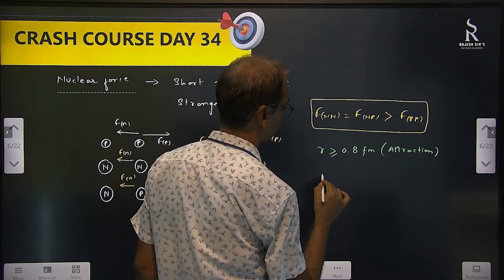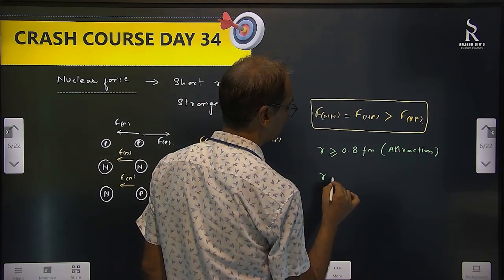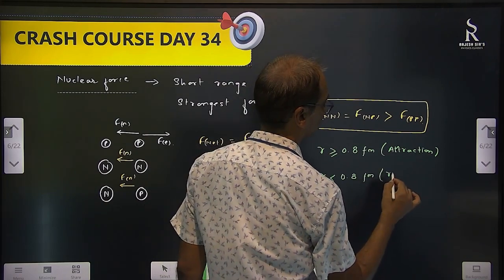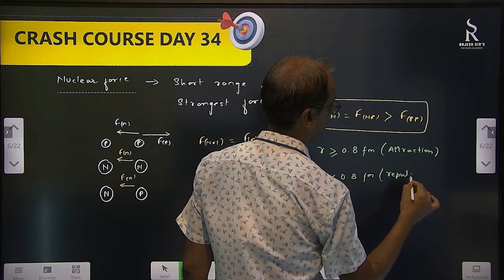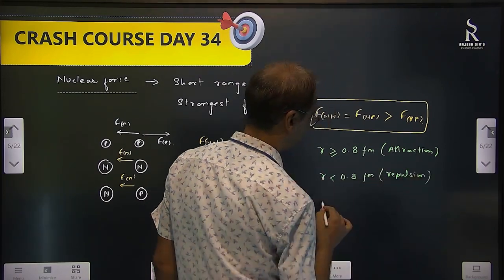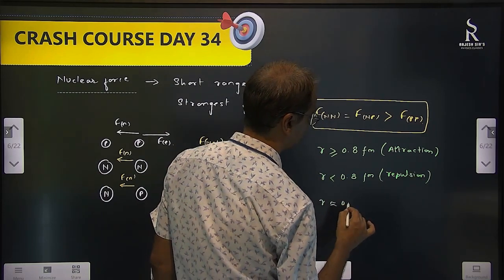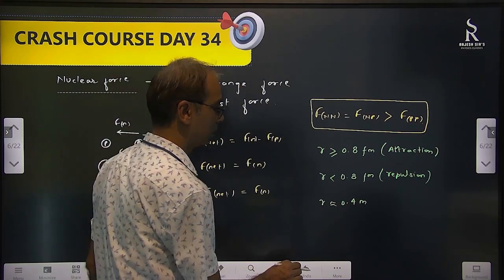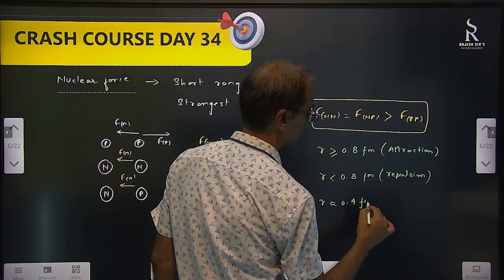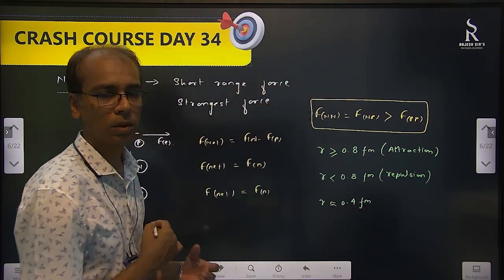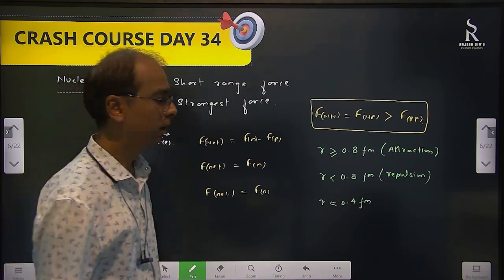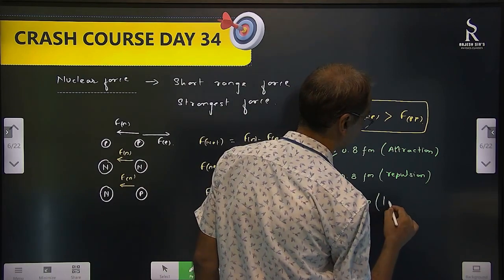But if R is less than 0.8, then it becomes repulsive. And if R is around 0.4 Fermi, not meter, Fermi, then it is a repulsive force of huge magnitude, a large repulsive force.